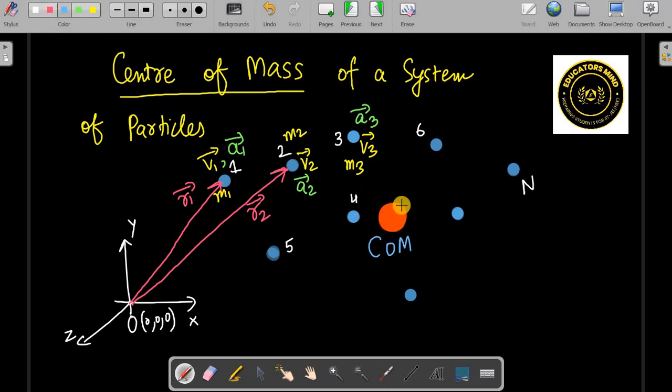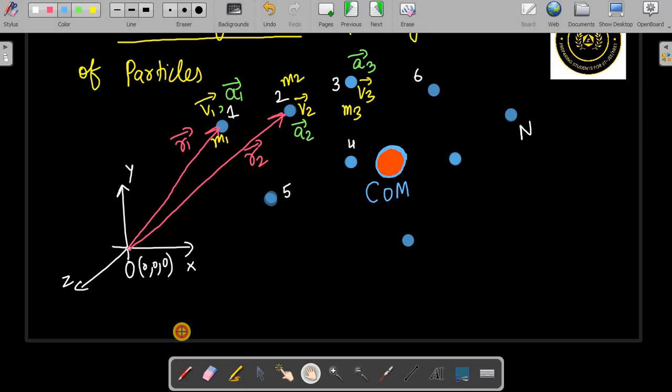So what is this center of mass? Center of mass is a single point mass which represents the entire system. The total mass of the system is concentrated here.